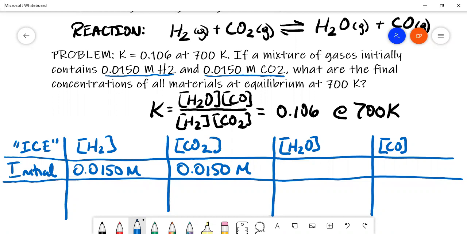Okay? And these problems are typically written in such a way that it just tells you the initial values of what's present. And it doesn't tell you anything about that thing being present. Guess what you're working off the assumption of? It ain't there. And the initial concentration of H2O is nothing. And the initial concentration of CO is nothing.